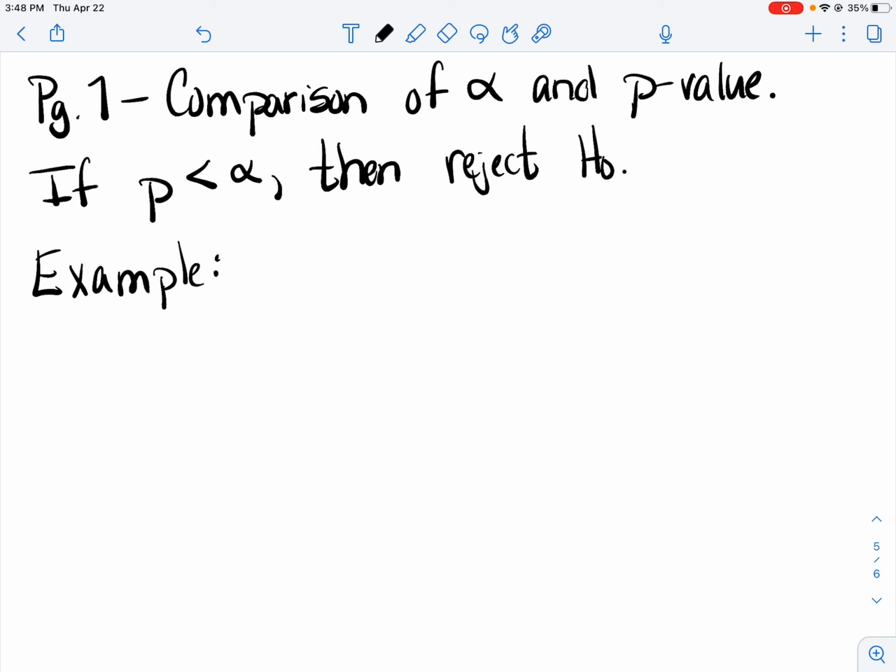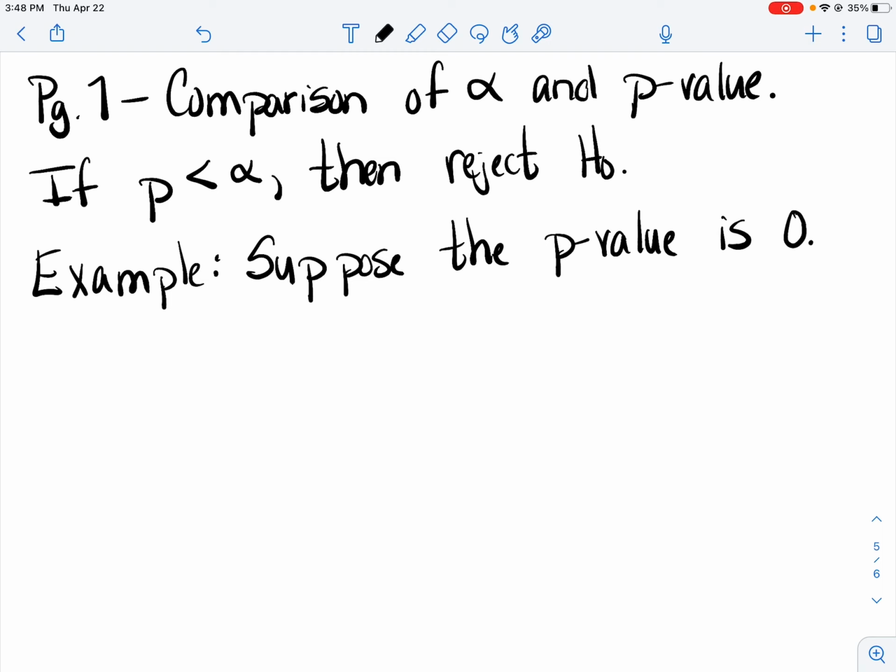So on your sample final and on your final exam, you're going to see something like this. Suppose the p-value is, let's just say, 0.023. And alpha, our level of significance, is, let's just say, 0.03.